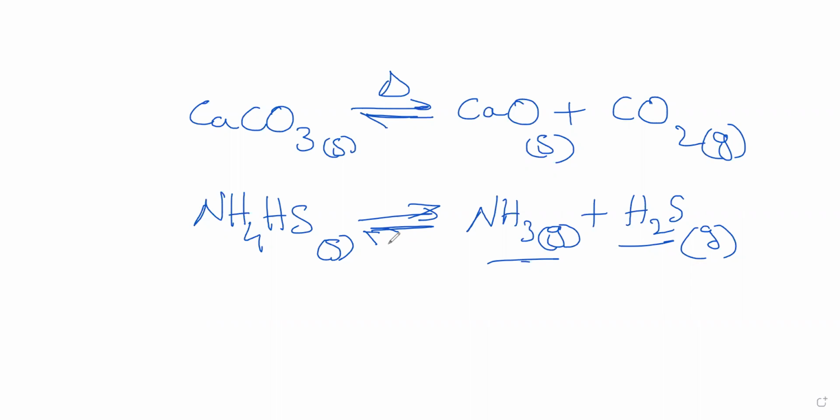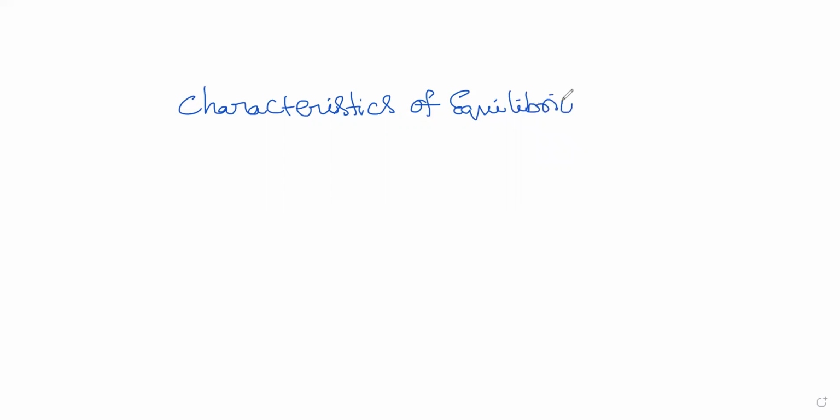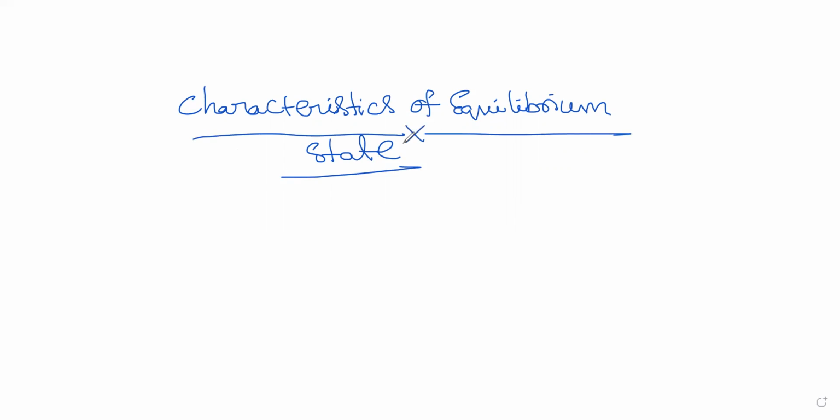Okay. Now, what are the characteristics of equilibrium state? That we will summarize and then we'll close today. What are the characteristics of equilibrium state? This is what we have to see.